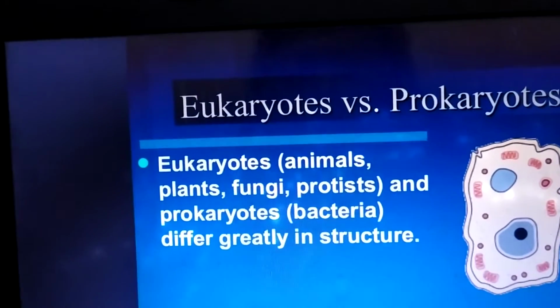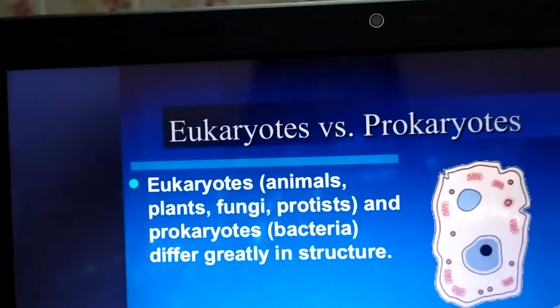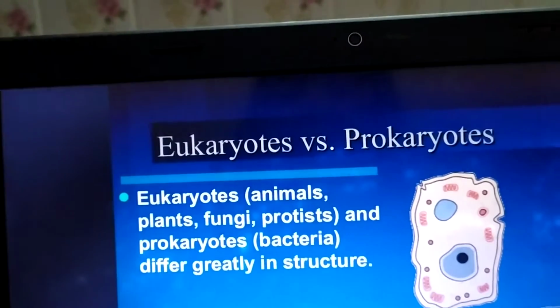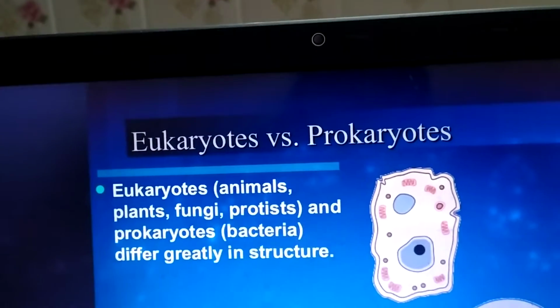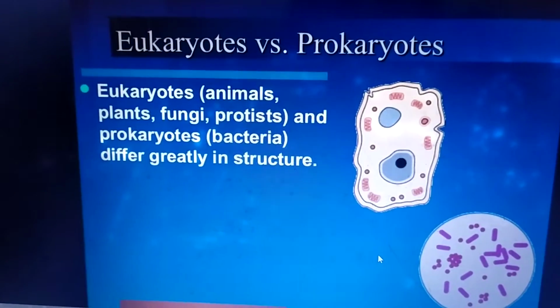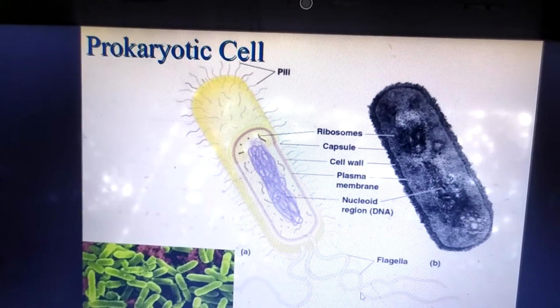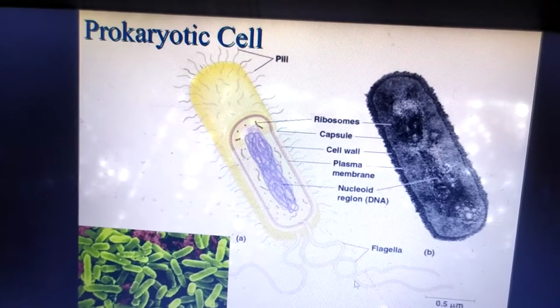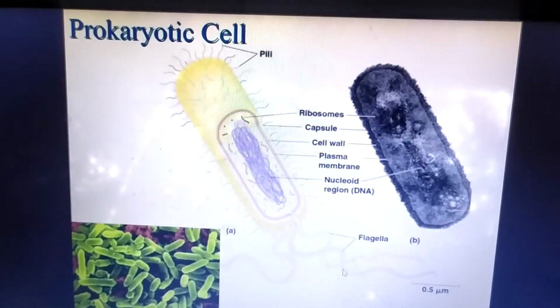Eukaryotic cells can be found in animals, plants, fungi, and protists, and prokaryotes are bacteria, which differ generally in structure. The structure of a prokaryotic cell will be different. This is a prokaryotic cell, as you can see. It has ribosomes, capsule, cell wall, plasma membrane, and DNA material, but the nucleus is absent.